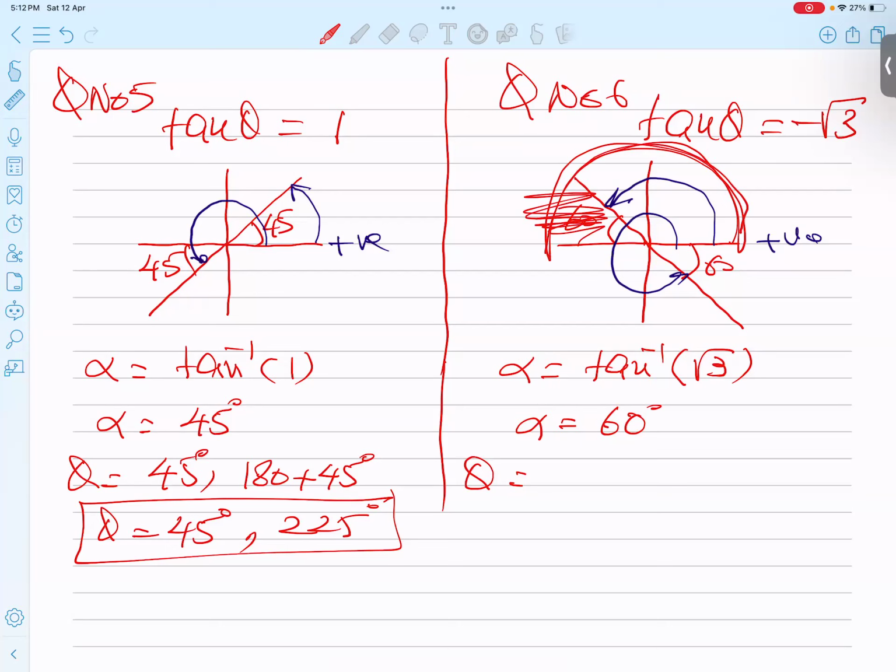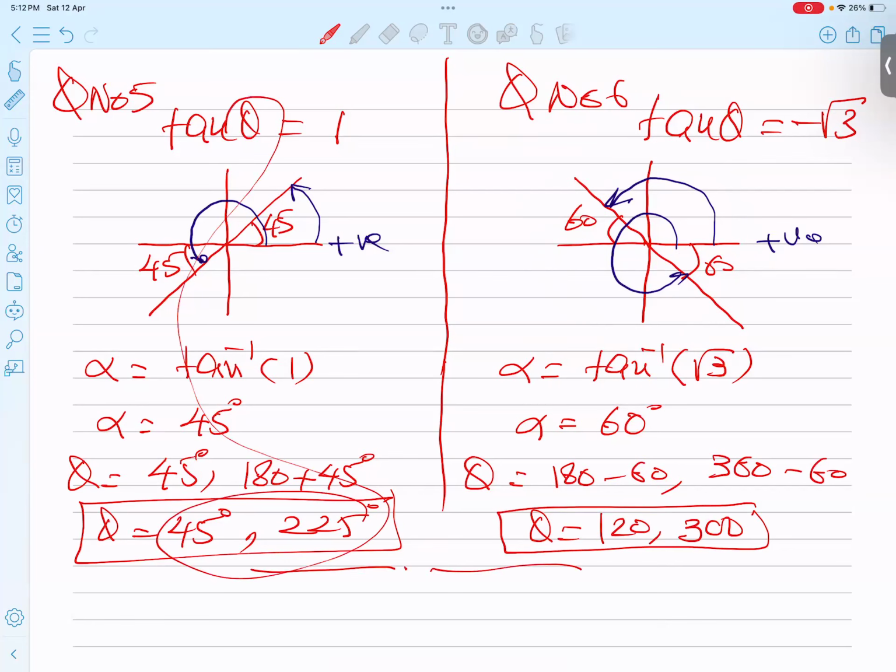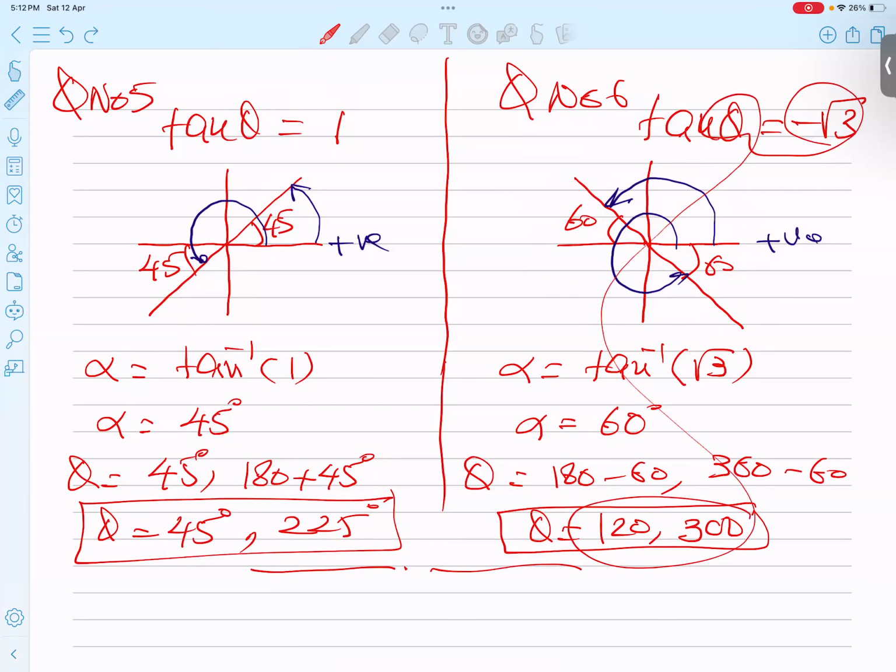So 180 minus 60. I believe all of you understand well. So this is a full 360 degree, but this I don't need, 60 gone. So 360 minus 60. So I got 120 and 300. Alhamdulillah Rabbil Alameen. Now you can do one thing. Plug in both angles one by one here, you will get a 1. And plug in both angles one by one here, you get a negative root 3.